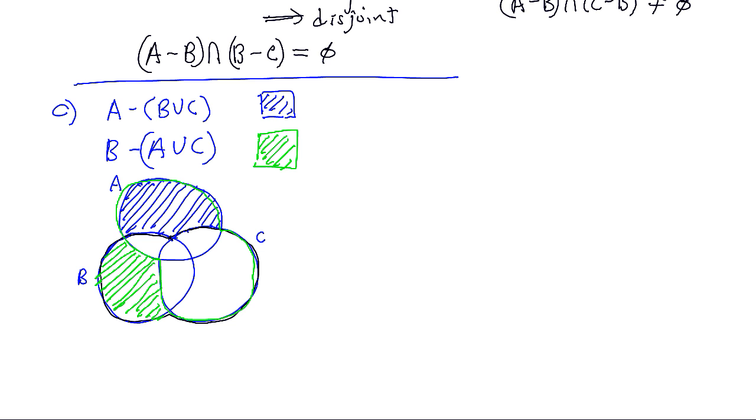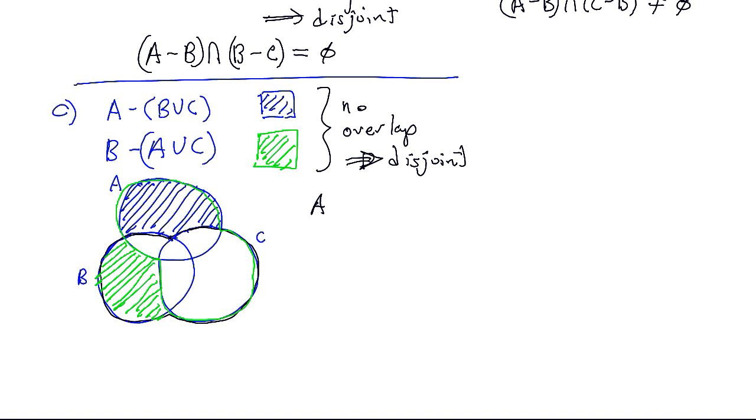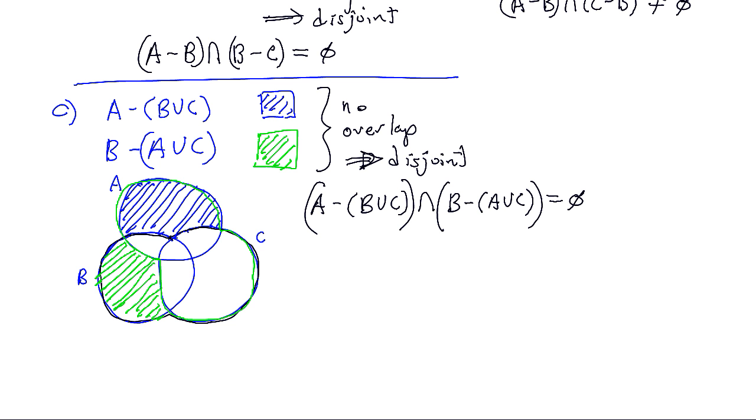And so indeed, these two are disjoint. So no overlap implies disjoint. Okay? And we can write that (A minus (B union C)) intersected with (B minus (A union C)) is in fact equal to the empty set.